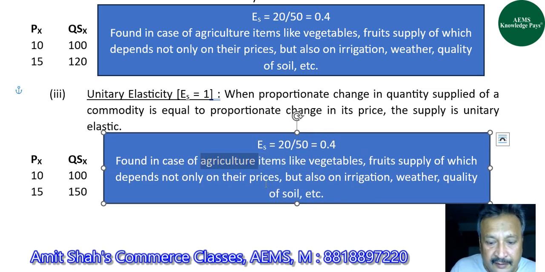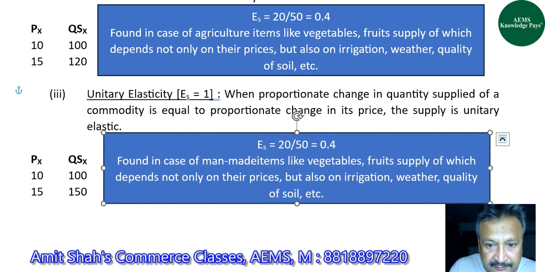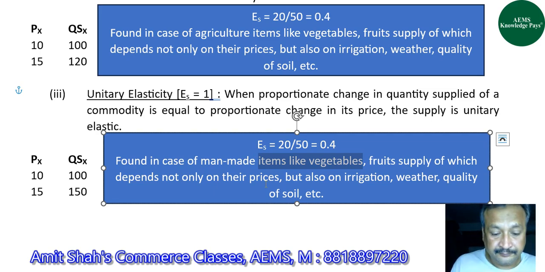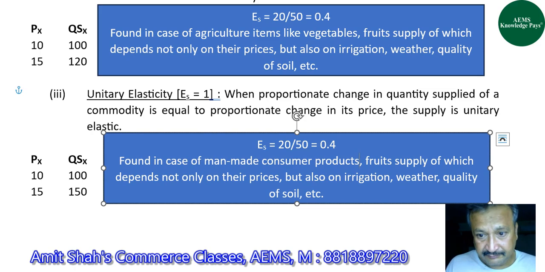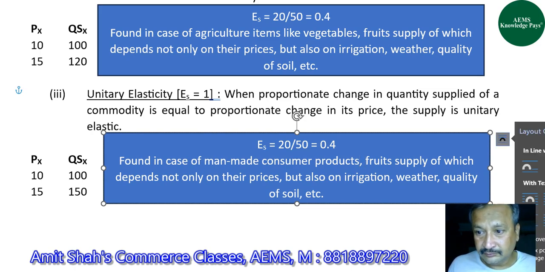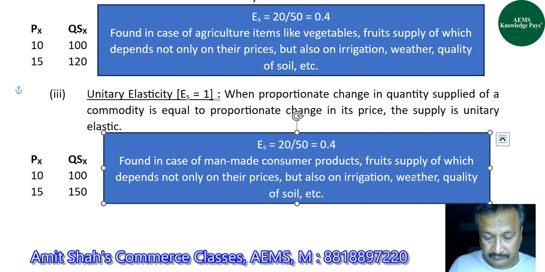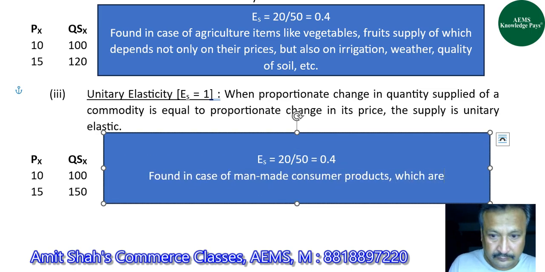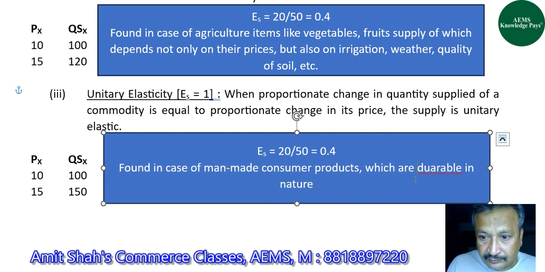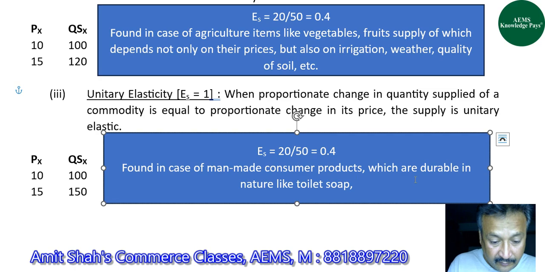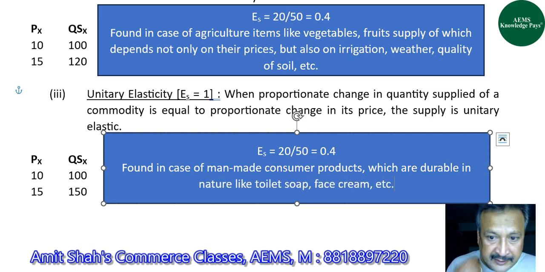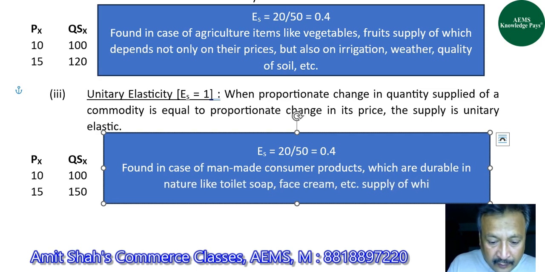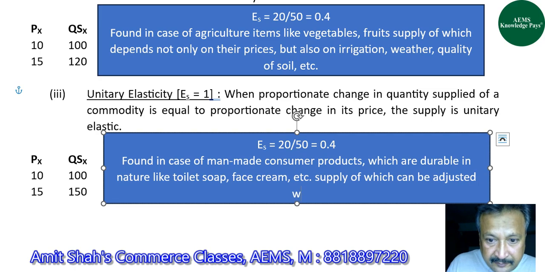It is found in case of man-made consumer products which are durable in nature, like toilet soap, face cream, etc., supply of which can be adjusted immediately with change in their prices.